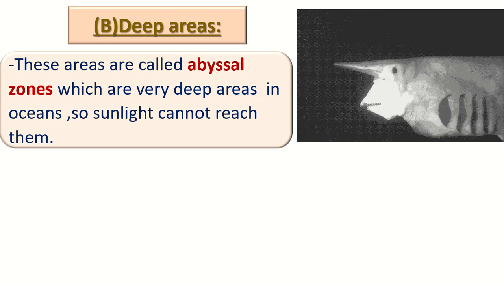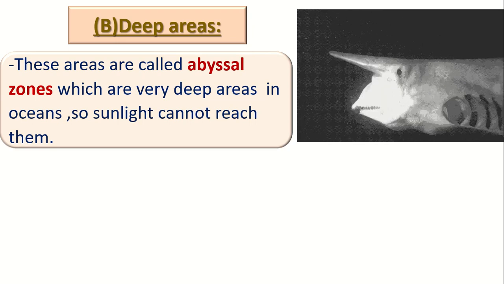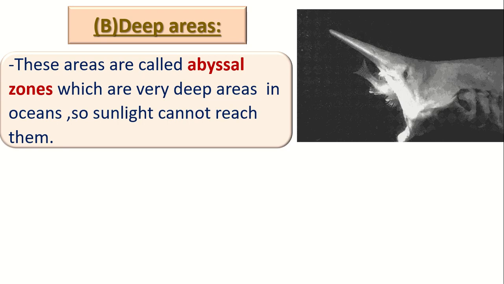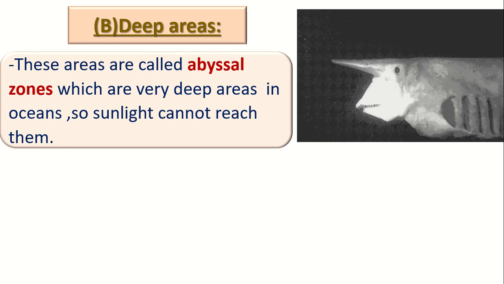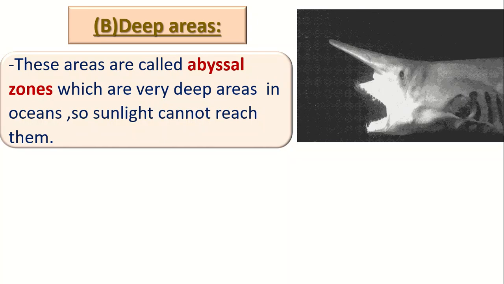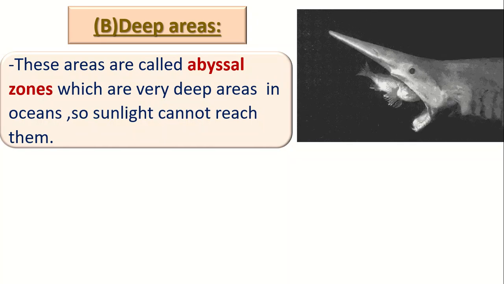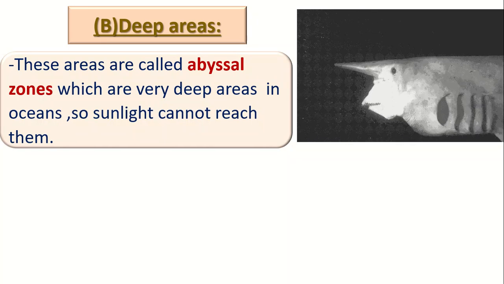The abyssal zone has no plants. Give reason why. Because the sunlight cannot reach it. So again, the abyssal zone is a very deep area in the ocean and the sunlight cannot reach it.